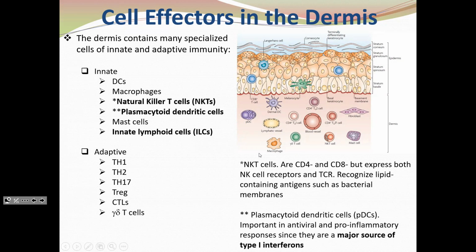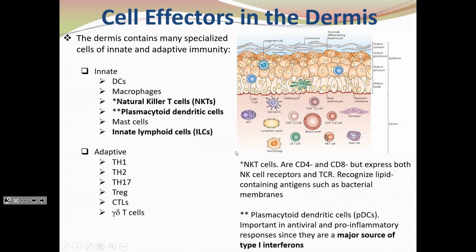What we do know about these cells is that they're important producers of cytokines, and their receptors recognize mainly lipid types of antigens. So again, directed against the lipid envelope or lipid membrane of bacterial cells.